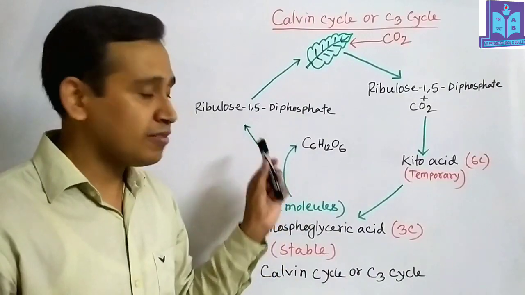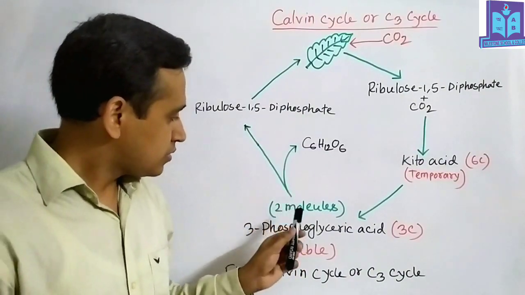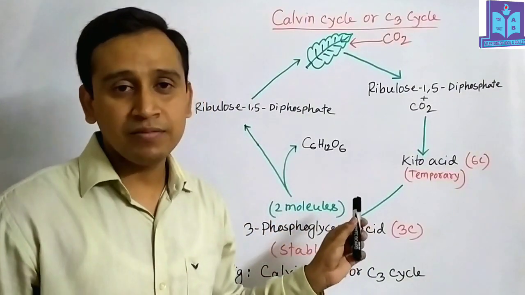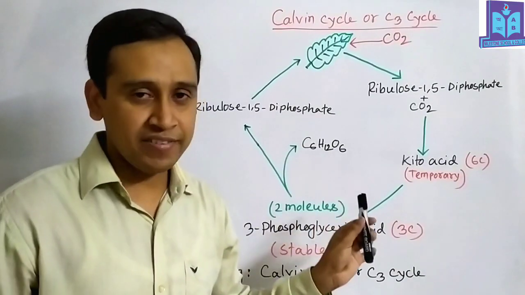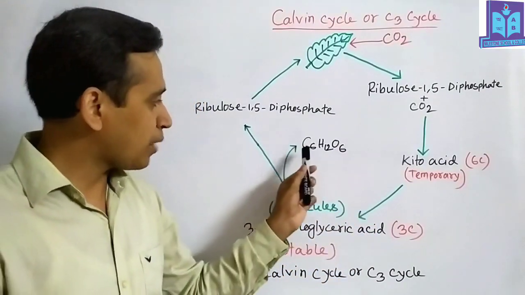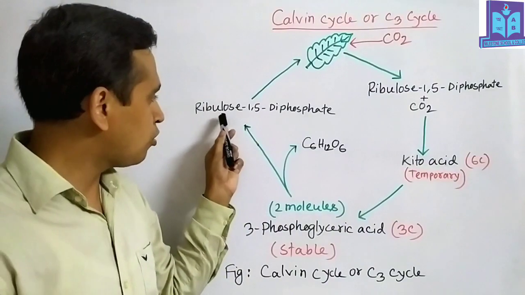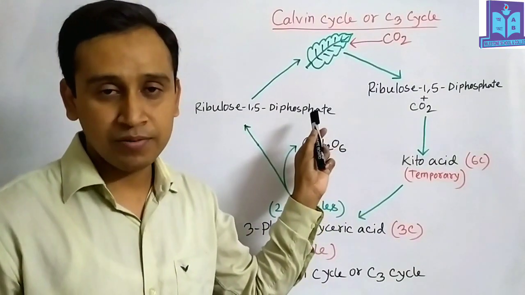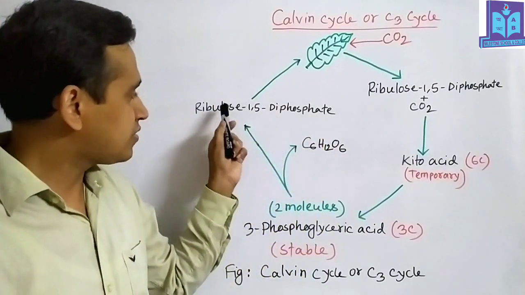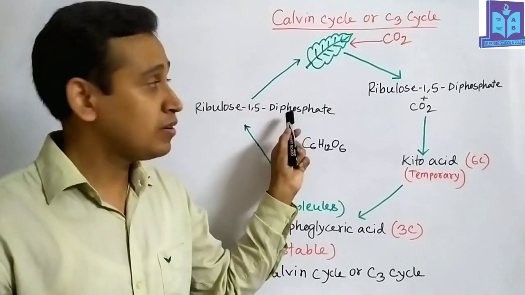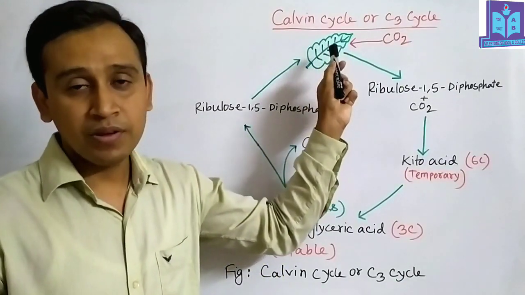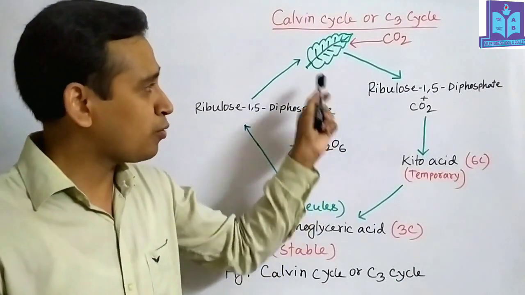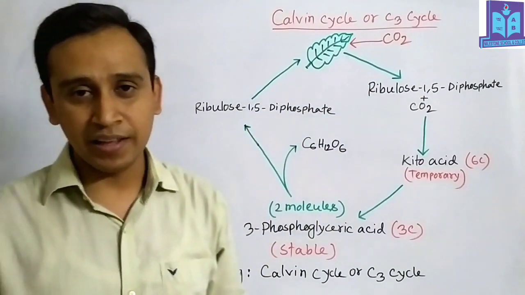And through various reactions, this 3-phosphoglyceric acid produces carbohydrate and ribulose 1,5-bisphosphate, and this ribulose 1,5-bisphosphate is restored in leaves and again performs the C3 cycle.